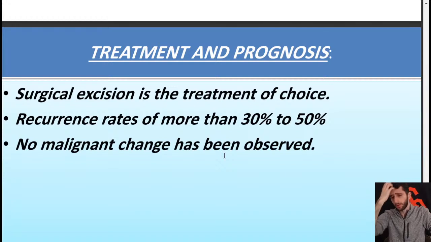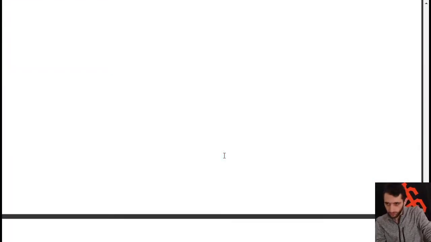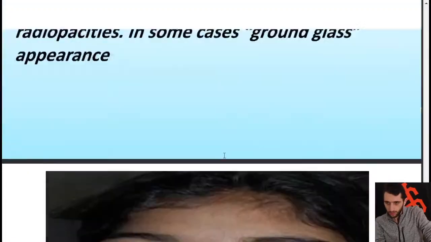Ossifying fibroma without juvenile: excision, let's see the trabecular. Treatment of choice, recurrence is rare. Less than 50%, no malignant changes have been observed. Okay.